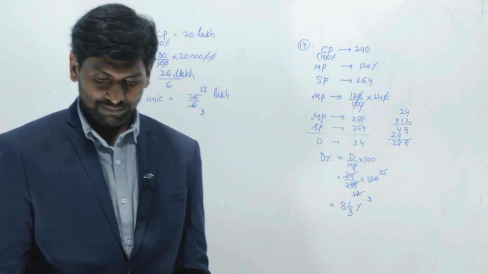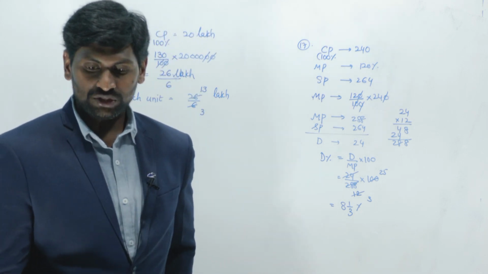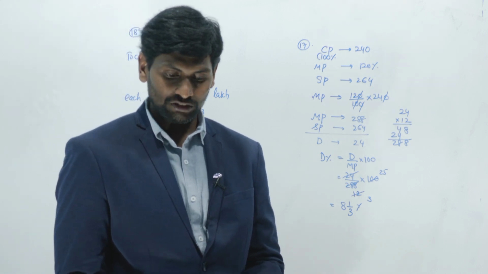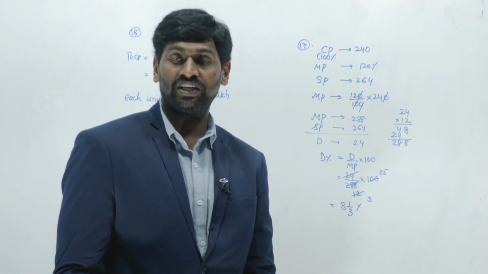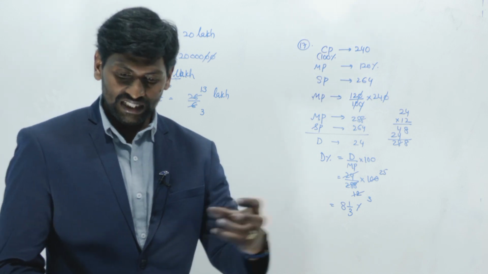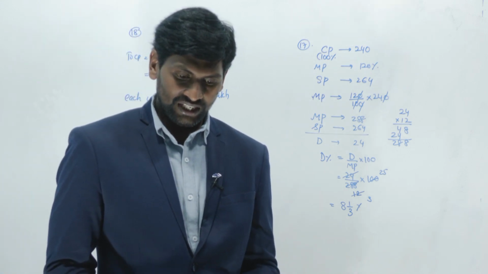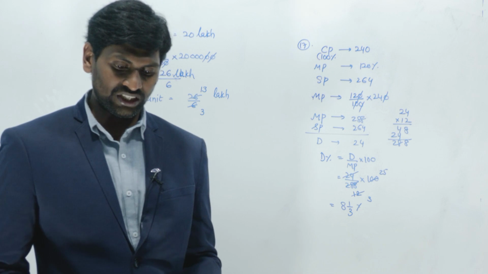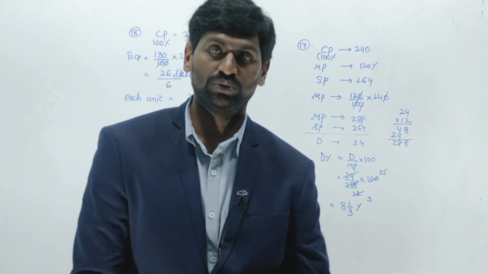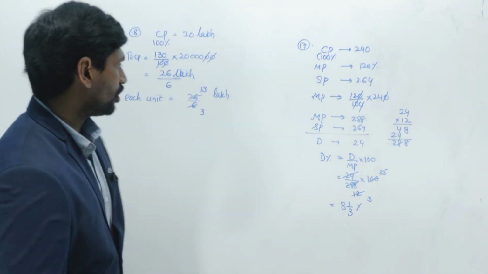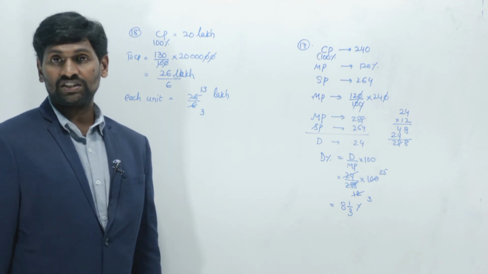Next, what he did. If he wants to earn 35% profit on his total investment, then how much price of each unit he has to charge? Each unit charge we should find. How much does he want? 35% profit.